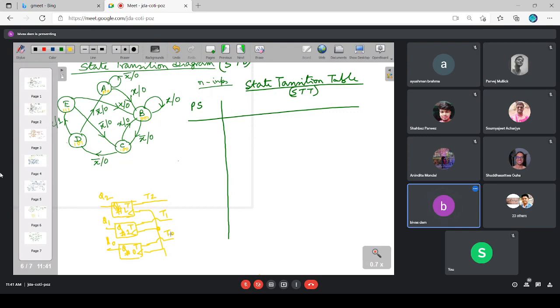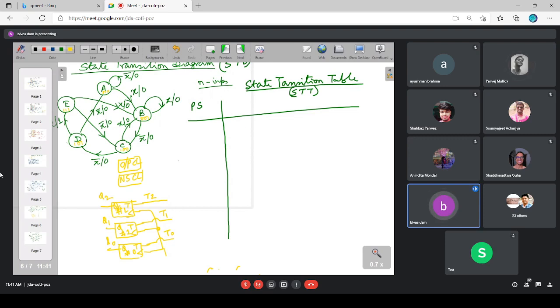Okay, if you remember that block diagram, how many blocks were there? 3. One was the output combination logic block. Second one was the next state combination logic block. What were the inputs of the output combination logic block?